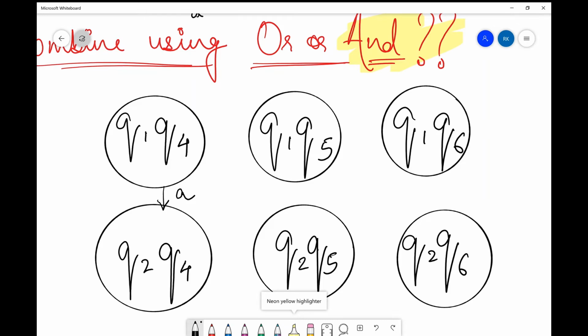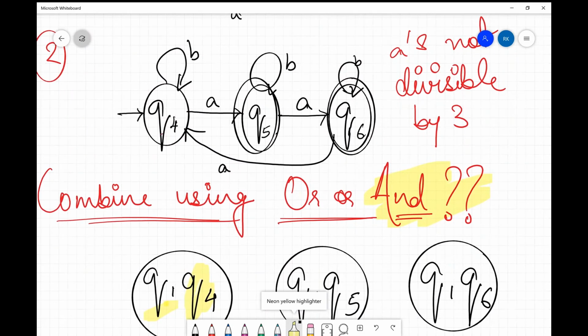Then why have I not made this edge over here? That is because over here Q4 is also changing to Q5. But in our previous DFA, only Q1 was changing to Q2. Right? So that is why with an edge A, only Q1 changes to Q2, rest remains same. You get this logic? Now let's see another transition.